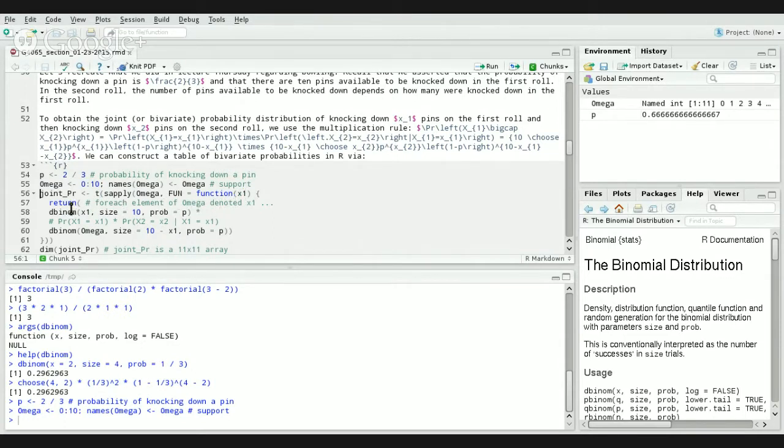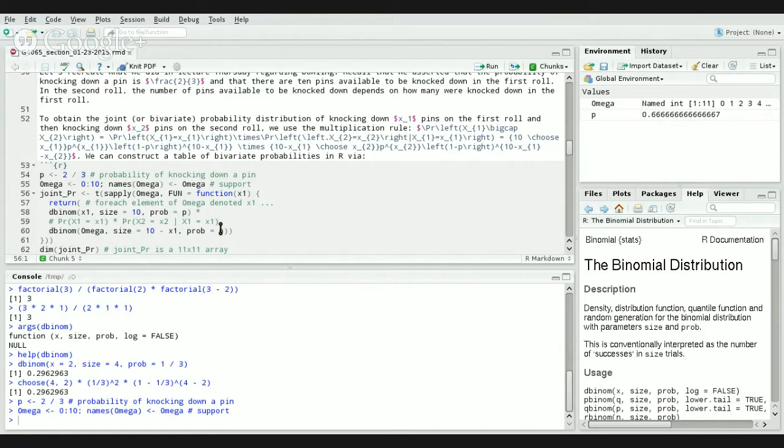We're going to return the marginal probability of knocking down x1 pins on the first roll because there are 10 pins available and each gets knocked down with probability p. Multiply that by the conditional probability of knocking down each element of omega that number of pins when the number of possibilities is equal to 10 minus however many pins were knocked down on the first roll.